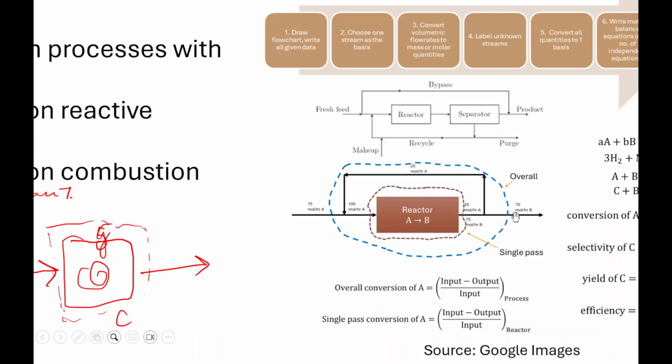Here 75 moles per hour of A and 75 moles per hour of B, and here 100 moles per hour of A and 25 moles per hour. So there will be a difference in the overall conversion of A and the single pass conversion of A.